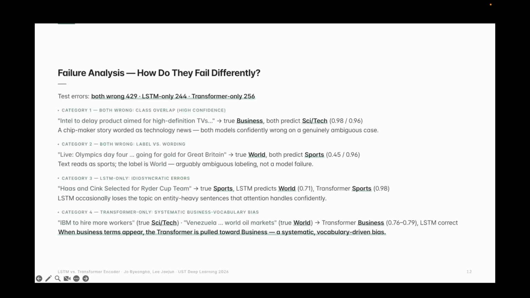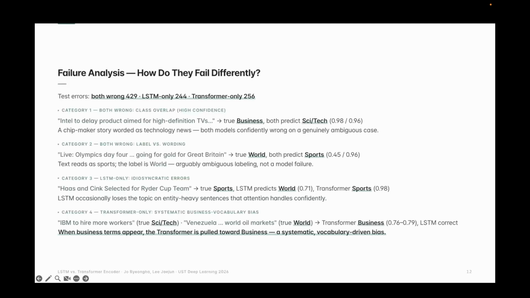This is our most interesting slide. The two models miss almost the same number of examples, 673 and 685, but in different ways. The first two cases are shared and barely model errors. A trim marker story reads like technology news, and the Olympics one looks mislabeled.